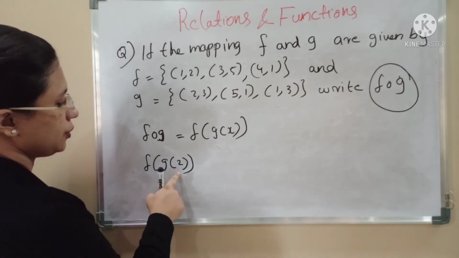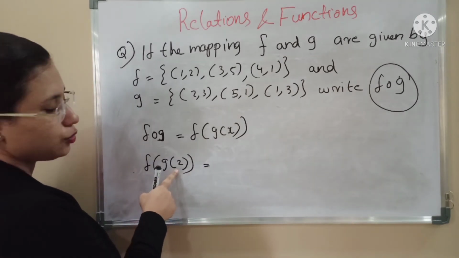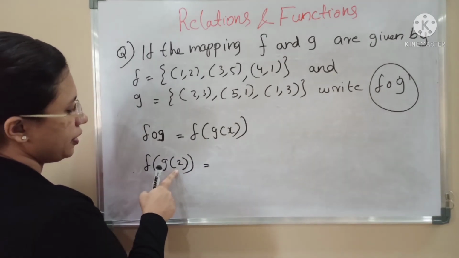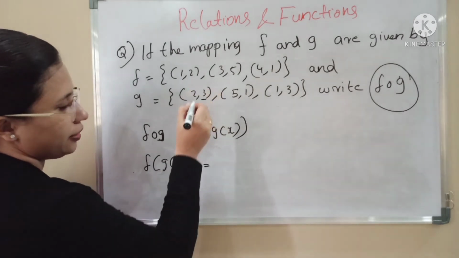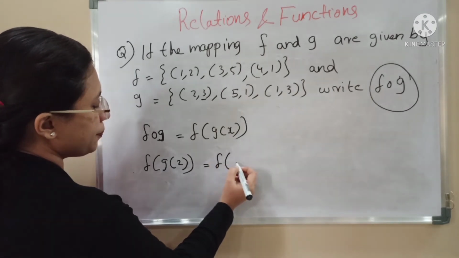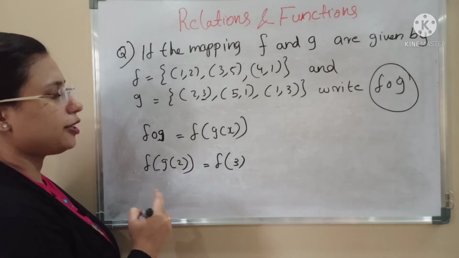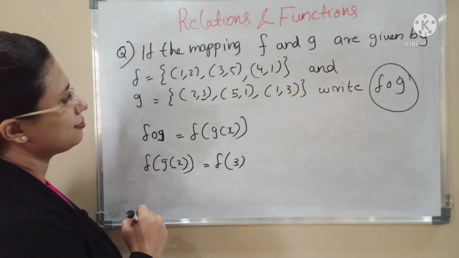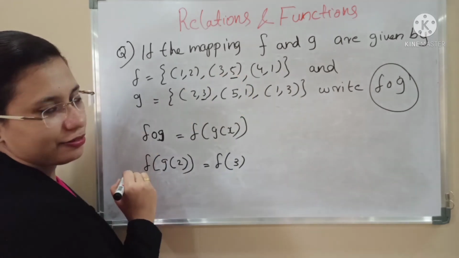The first x value for g is 2. What is g of 2? G of 2 is 3, the range is 3, right? So f of 3. Now what is f of 3? F of 3 is 5.